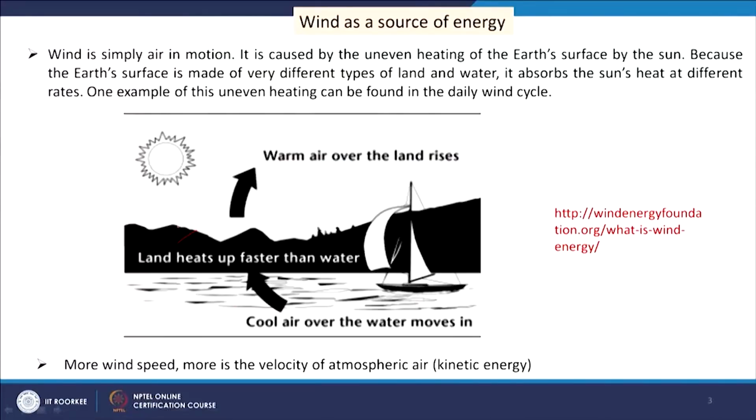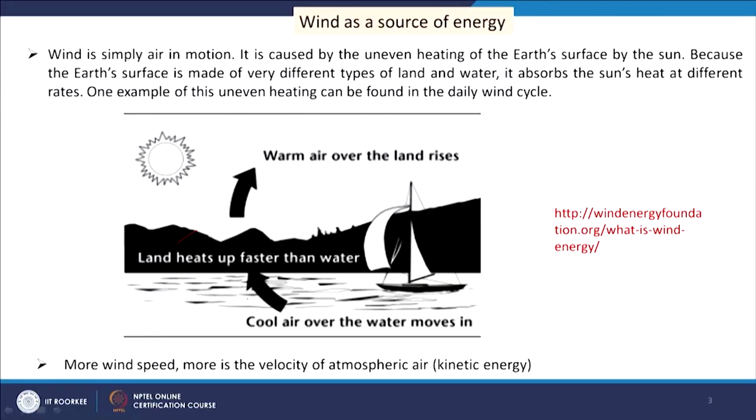So during daytime the land area gets heated quickly and becomes warmer than the water. The air at the land, being warm, goes upward, and the cold air on the water moves towards the land area. So we get a motion of air, that is called wind.